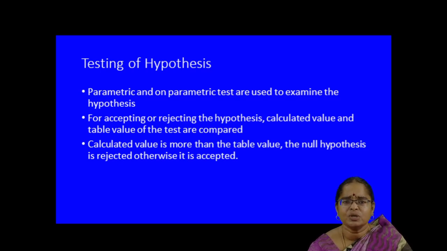What is meant by 0.05? If the p level is less than 0.05, the null hypothesis is rejected, because we take a confidence level of 95%. So the error level is 0.05. When the error level is 0.05, the null hypothesis is rejected.